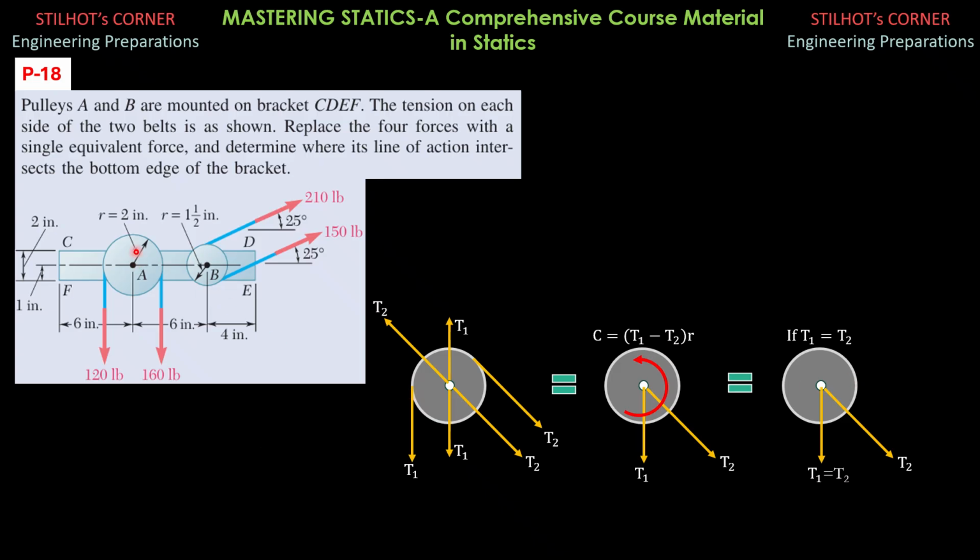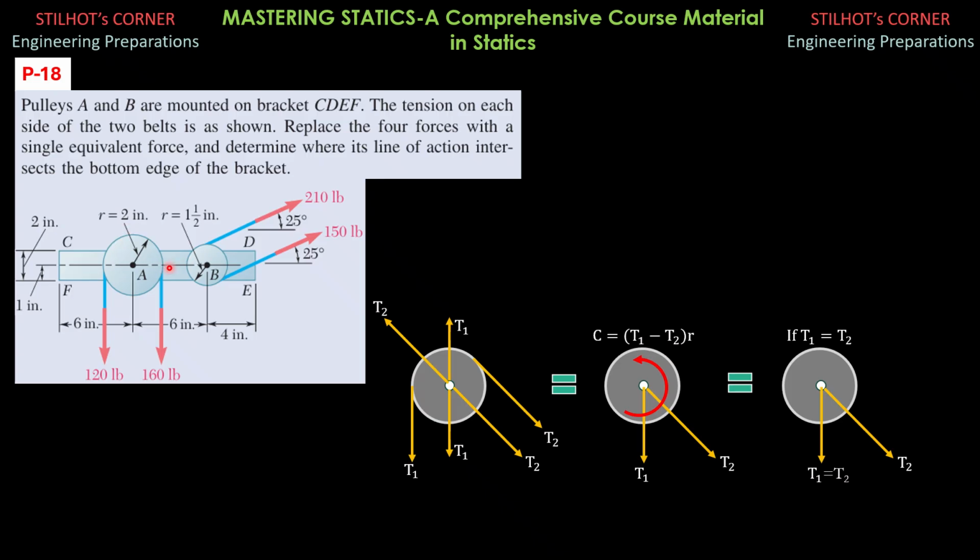So therefore, for this pulley here, we have two forces going down, 120 and 160. By this principle, I can replace it with a single force acting at the center going down equal to the sum of these two, and a couple which is clockwise because 160 is greater than 120, and 160 minus 120 is 40 times radius 2.